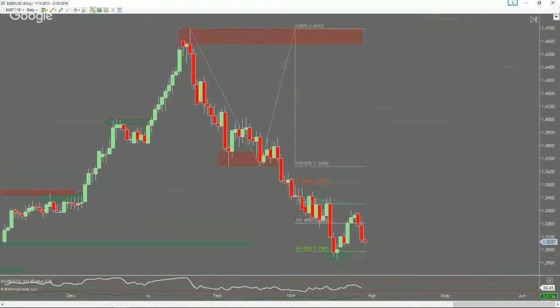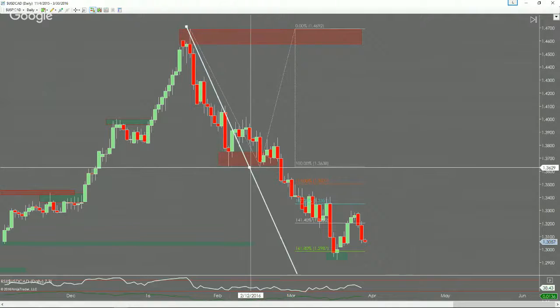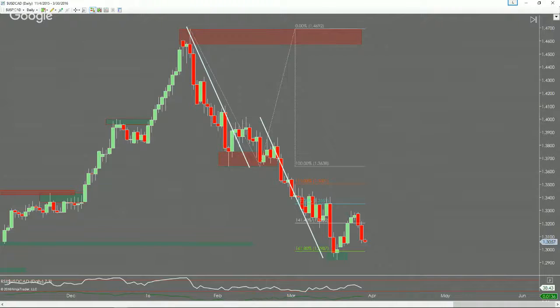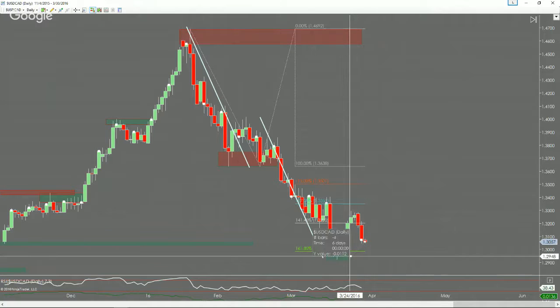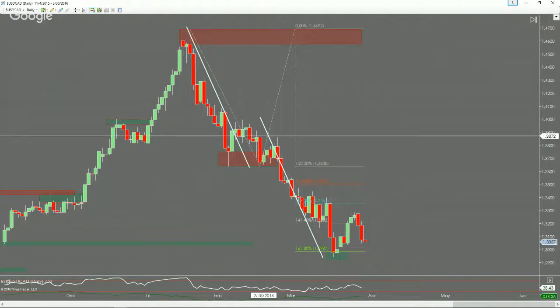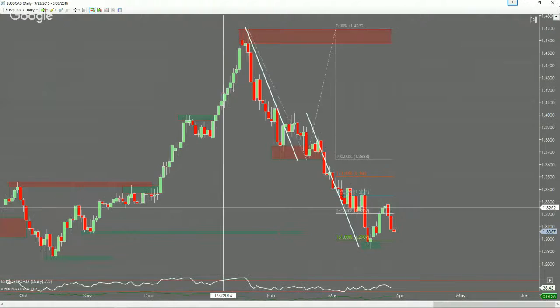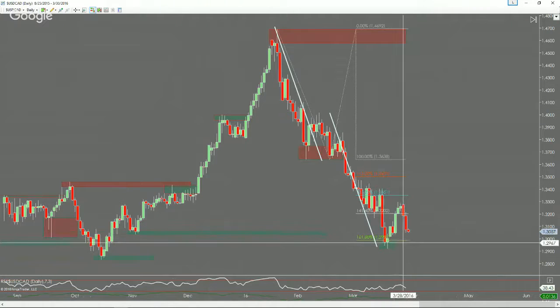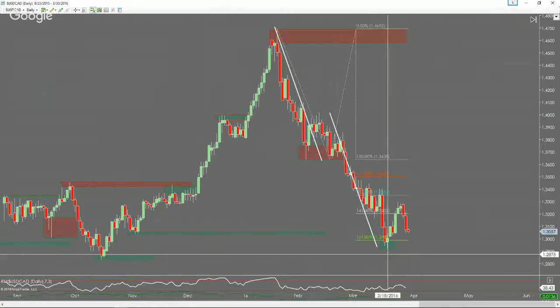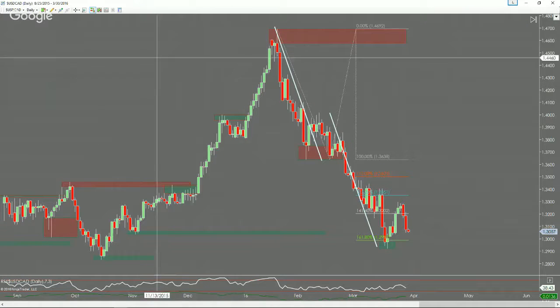Yes. And also an equal measured move from that leg and through here, or about an equal measured move. That is still about 112 pips away. So if price comes back down to that level, that would be a good buying opportunity.